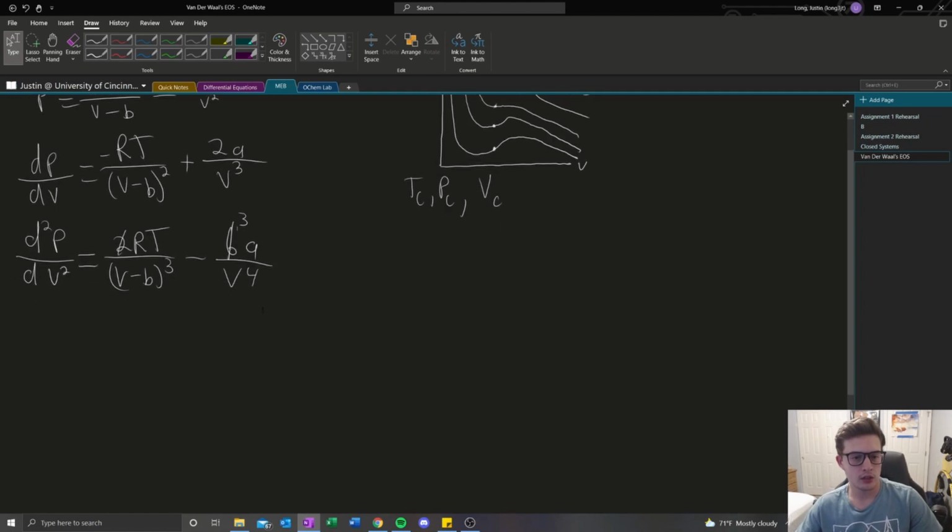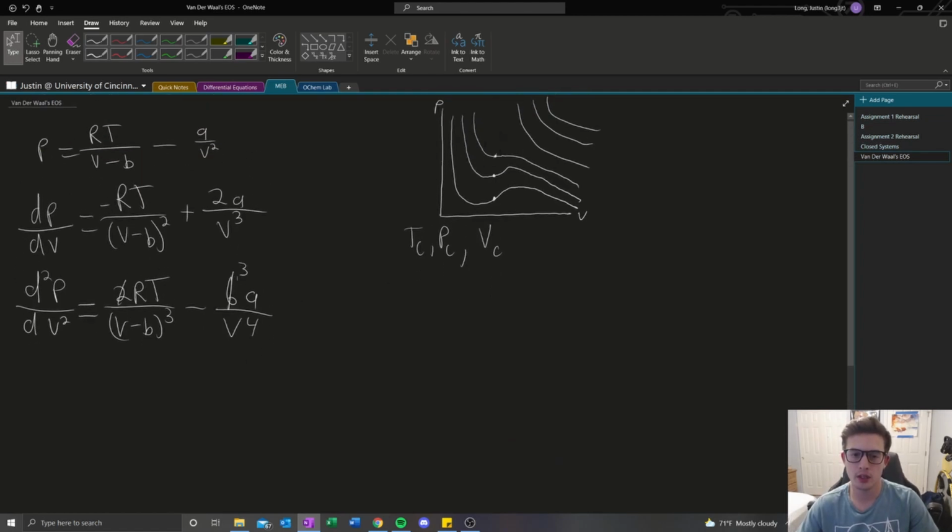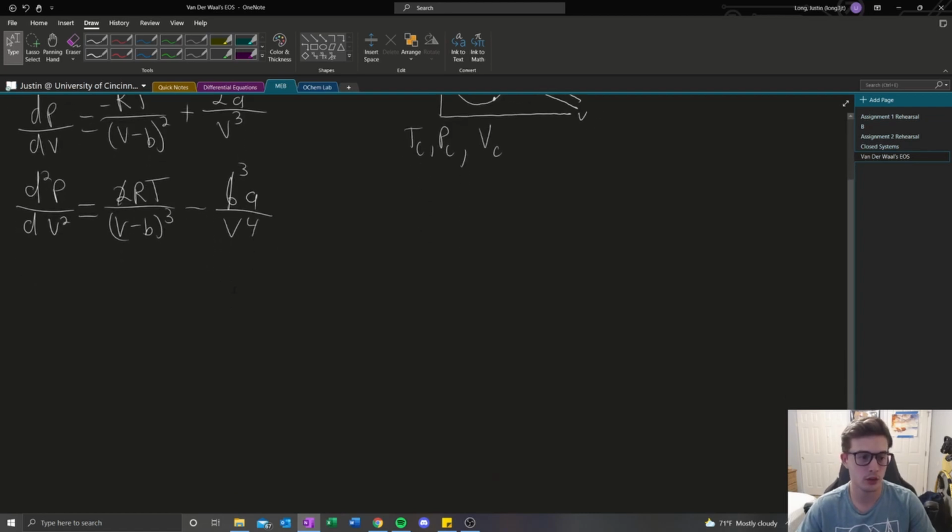Okay, so now we're going to go ahead and plug in our temperature, pressure, and volumes at their critical points, at these inflection points, so we can set them equal to 0.